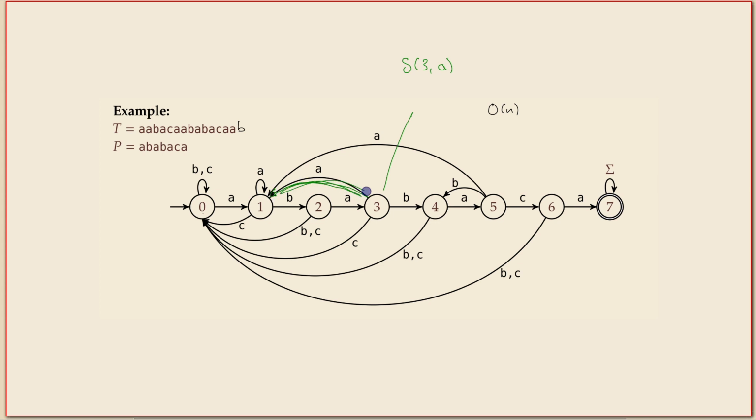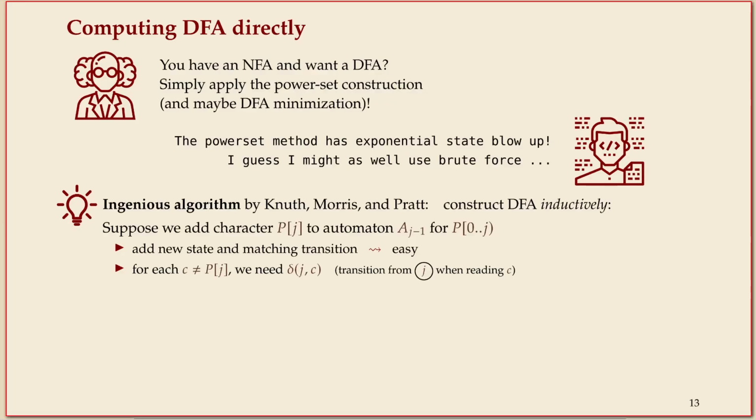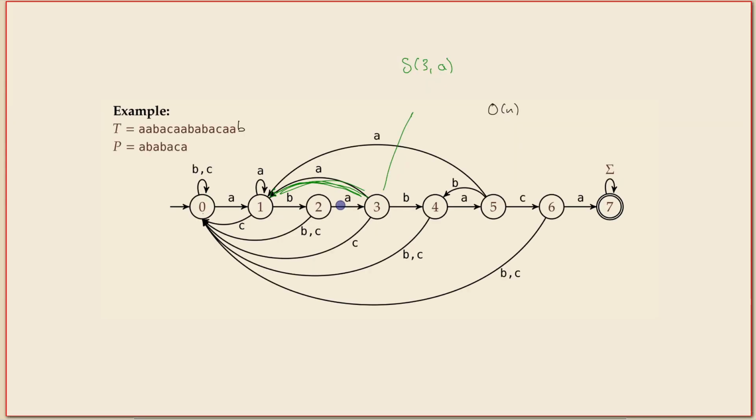But suppose we don't know where it goes yet. Now, the idea of Knuth, Morris, and Pratt is we add the next letter of the pattern one step at a time. So we assume inductively we've already built this part of the automaton. Everything that involves the first 3 states is known to us.